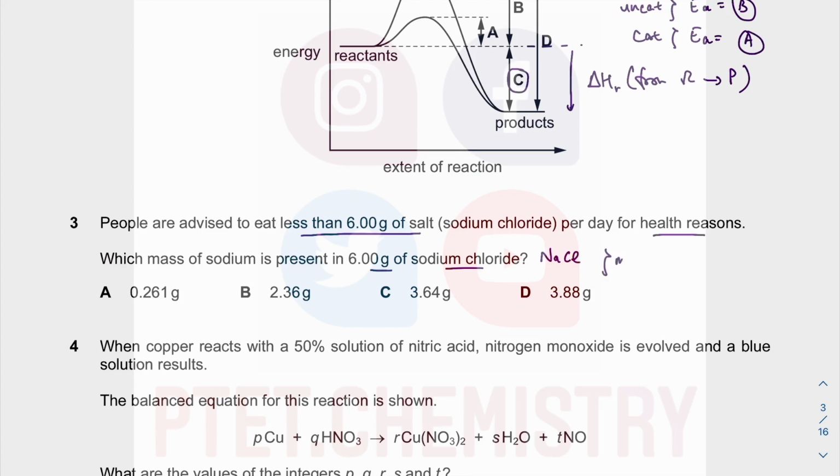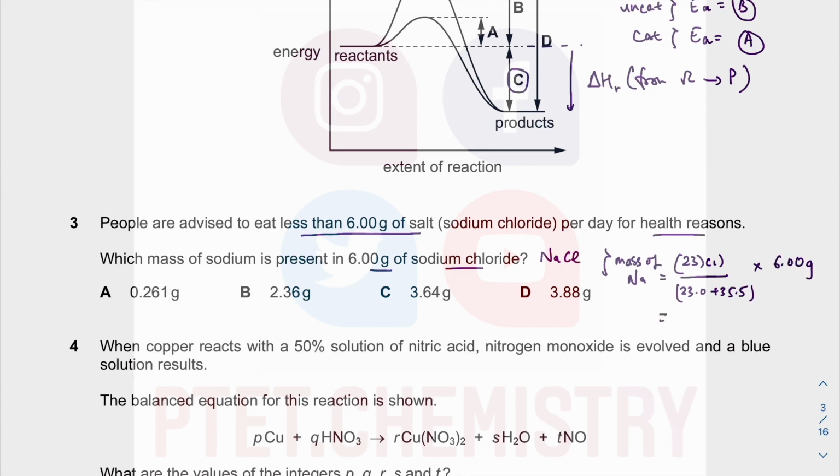Instead of working out the percentage mass, the mass of sodium is going to be 1 sodium out of the molar mass, which is 23.0 divided by 23.0 plus 35.5. And then I want to times the 6 gram.